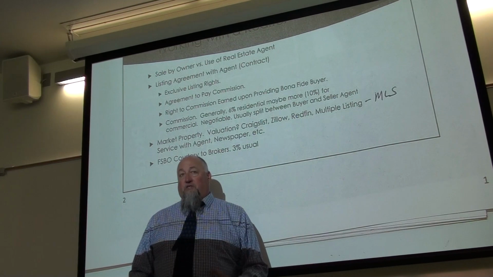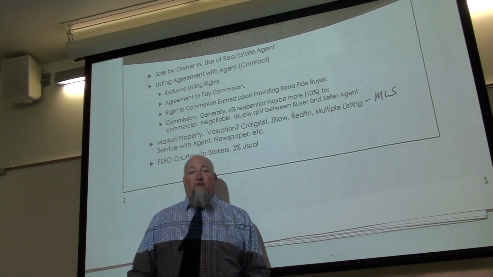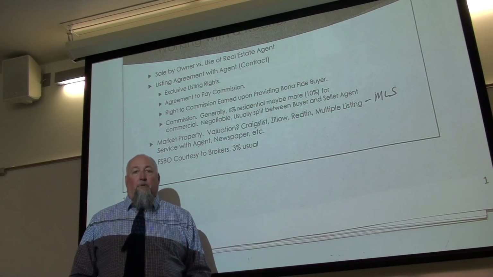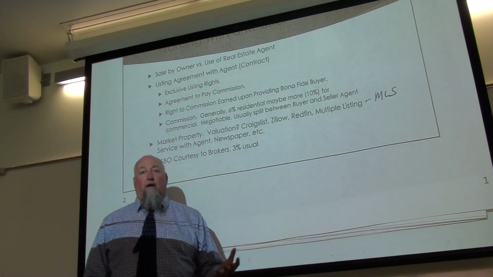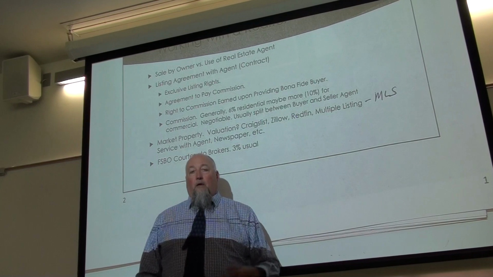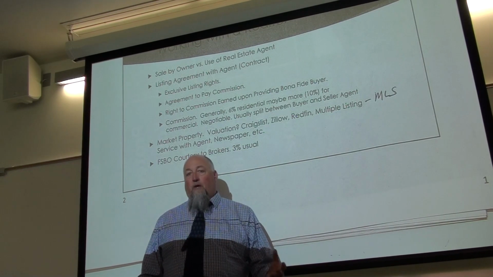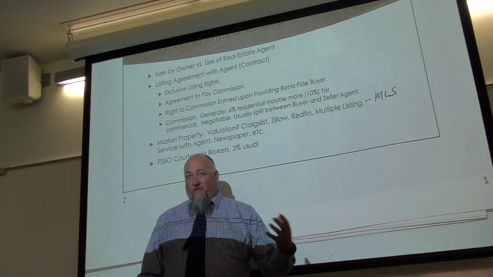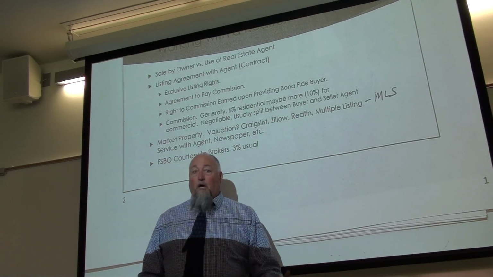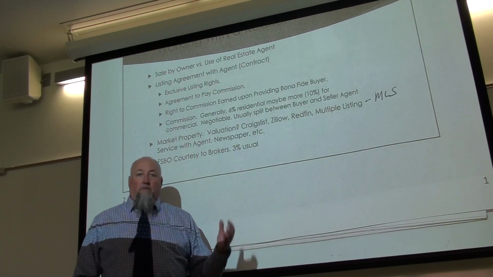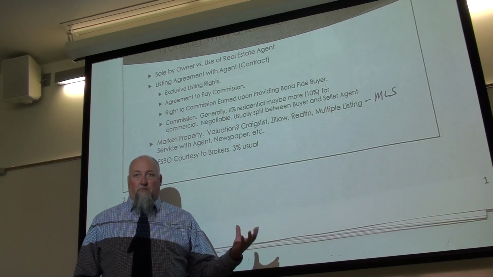Especially for rental houses, single family and rental type properties, a lot of agents will have a laundry list of buyers, clients that they know what kind of properties they want. And when they find out that you want to sell your property, they may have somebody already ready to go that you wouldn't otherwise get through Craigslist or Zillow or some of the other services.